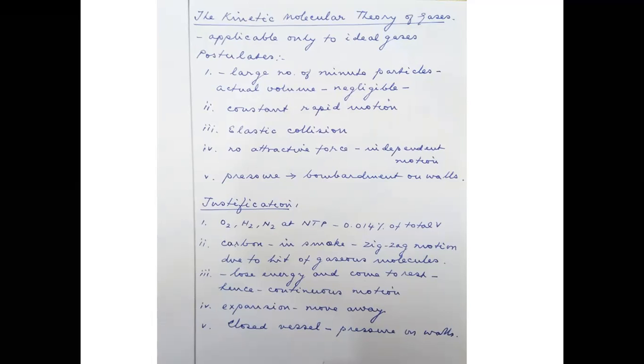I have already told you what an ideal gas is. An ideal gas is one which does not have intermolecular forces, because if you assume any intermolecular force among the gas molecules, their motions will certainly be affected by those forces. Suppose two molecules have an attractive force, what will happen?